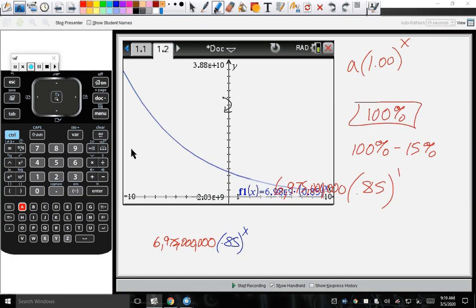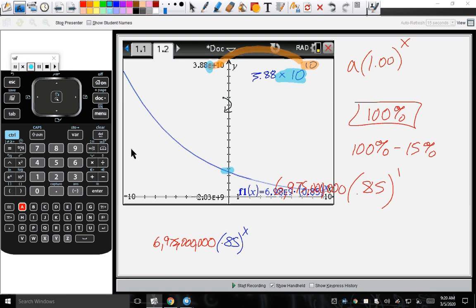This 3.88 E with a 10 is the same as 3.88 times 10 to this highlighted orange 10 power. So this E, just so that you know, this E means times 10 to the power of. Okay, so that's a pretty big number. This number is not like 3.5. It's a lot bigger than that, scale wise.